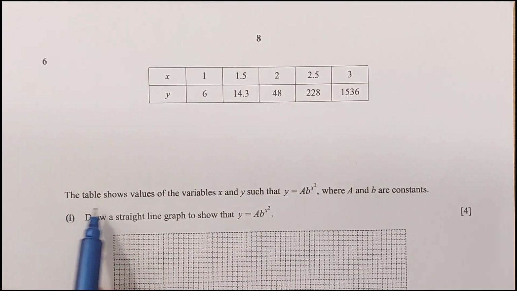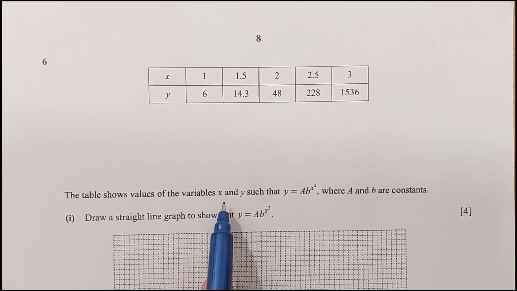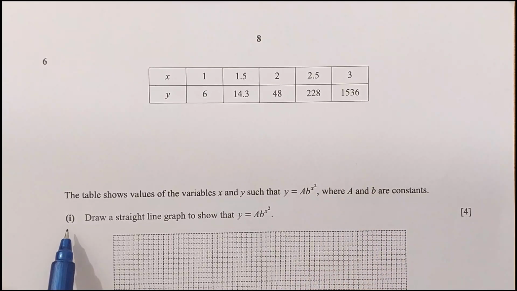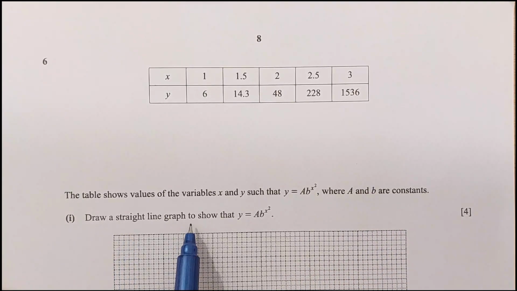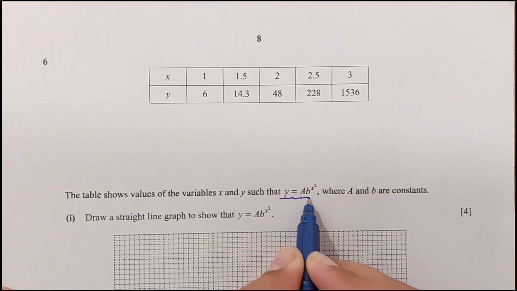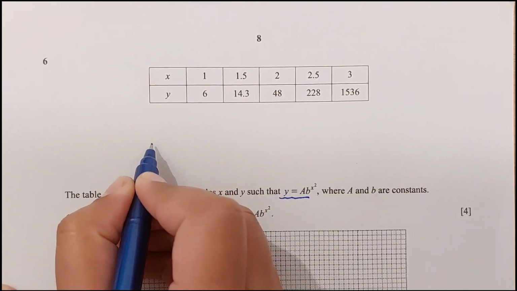Question number 6. The table shows values of the variables x and y such that y equals a, b exponent x square, where a and b are constants. Number 1. Draw a straight line graph to show that y equals a, b exponent x square. Okay, so what does it mean? It means we have to take a log on both sides.